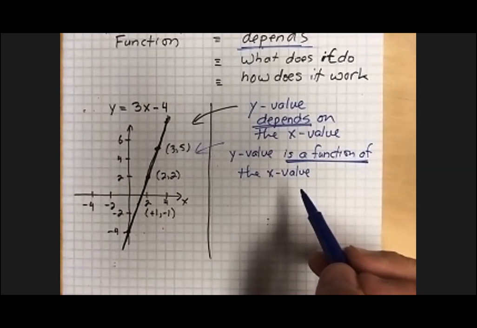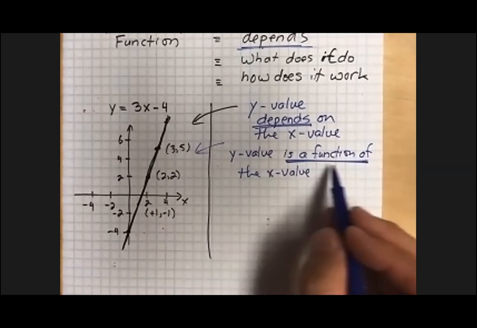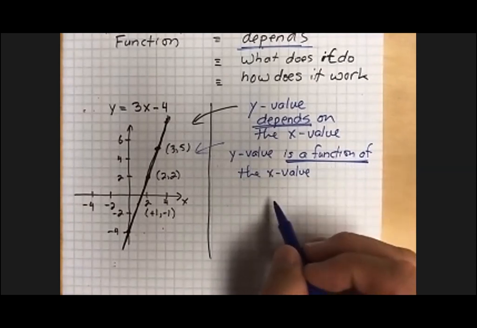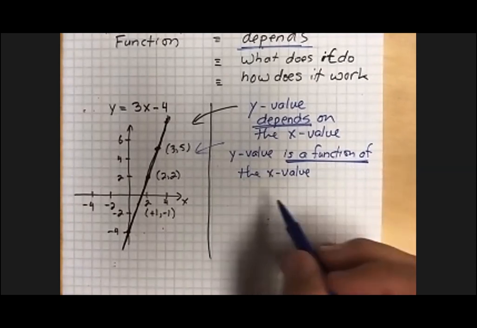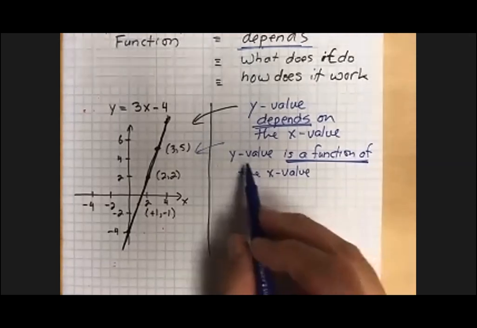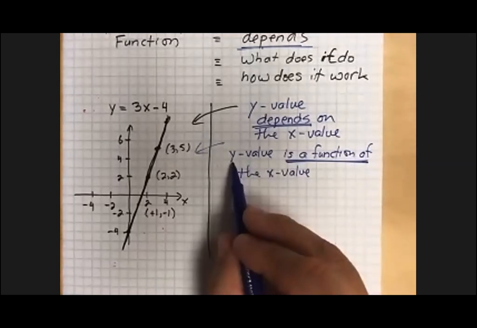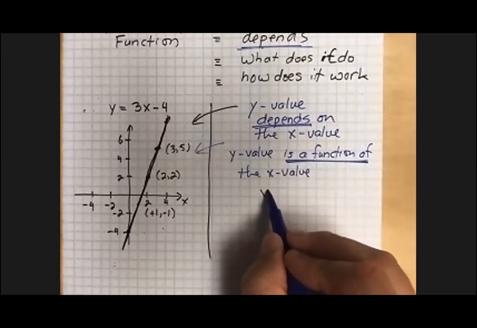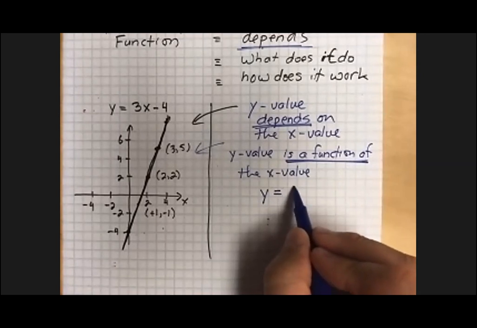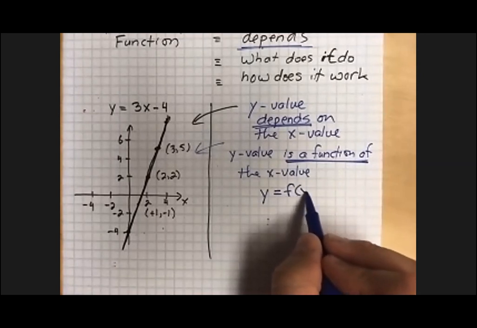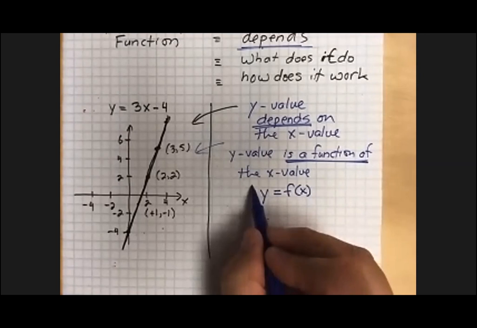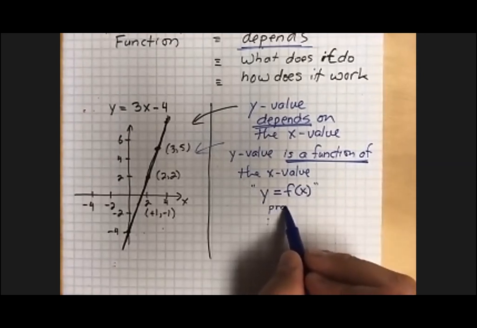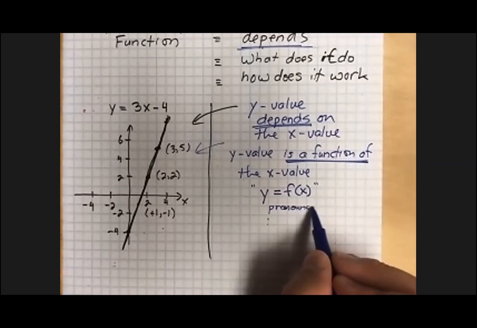Now, because they invent this new word, there's got to be some kind of punishment. They invented a new notation too. When you want to say in a mathematical shorthand, the y value is a function of the x value, you say it like this: y equals f of x. That's the mathematical shorthand. And if you want to read this or pronounce this, you say it just like that.